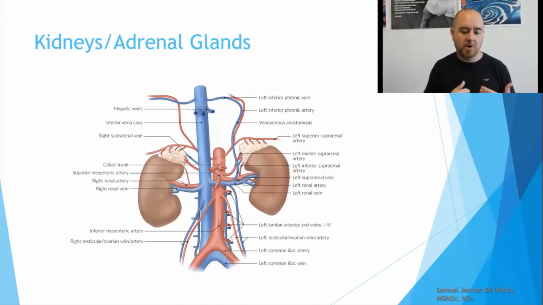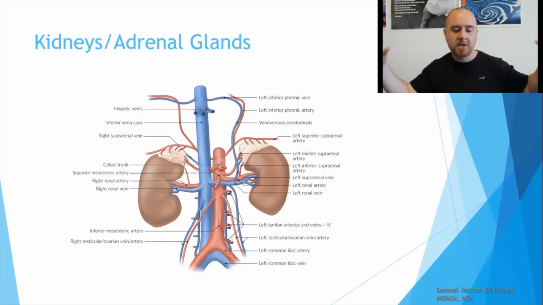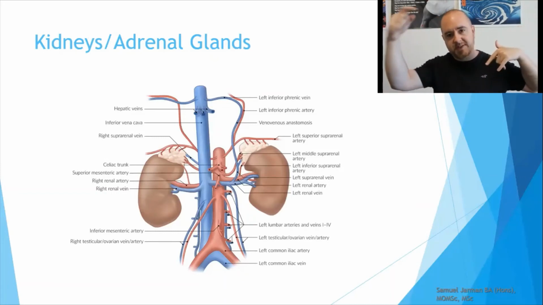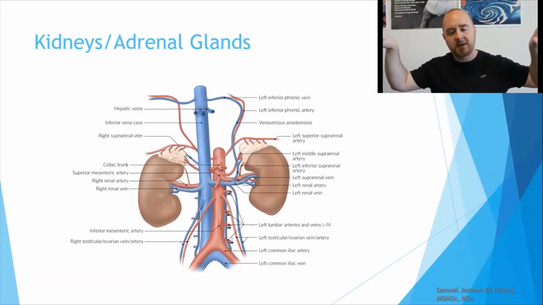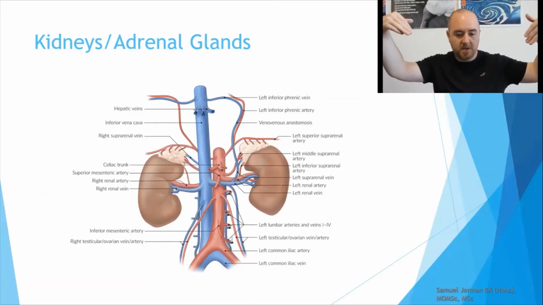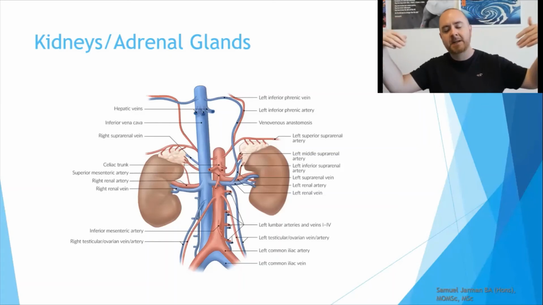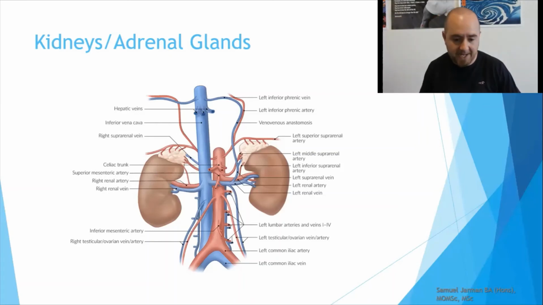Now, the renal arteries do come directly off of the abdominal aorta, essentially in the region of the celiac trunk and the superior mesenteric artery. They're just on the lateral side. And then there are suprarenal arteries, and those are coming off of the abdominal aorta in most cases, and those are for the adrenal gland.